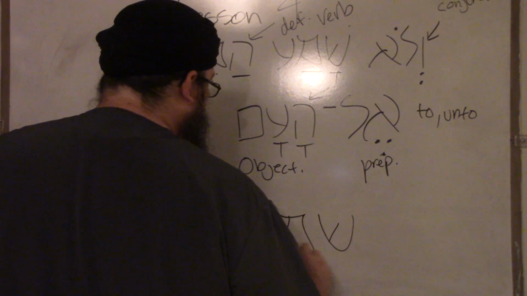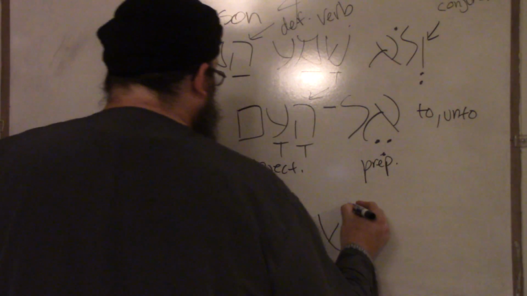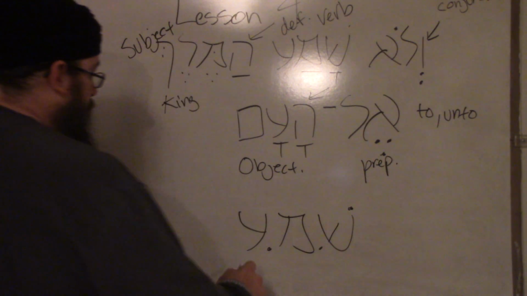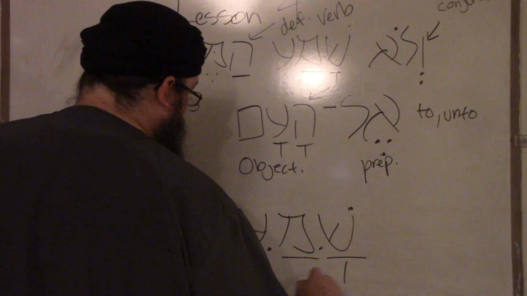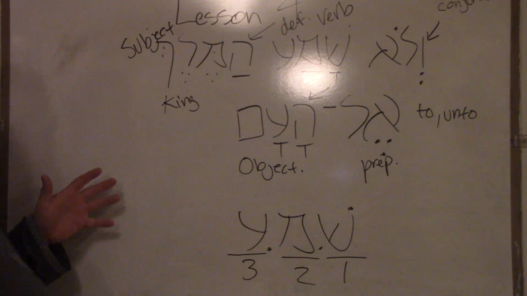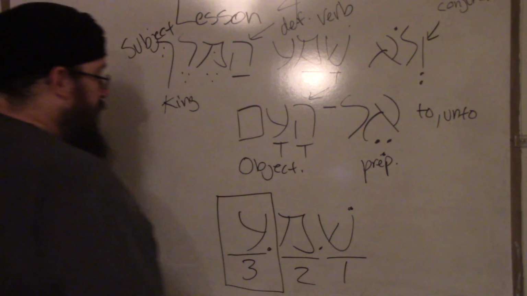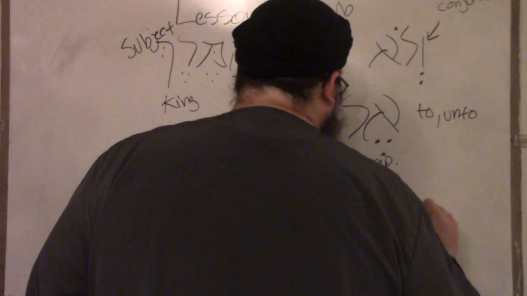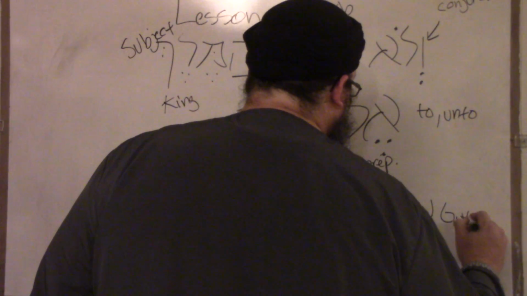If we look at our verb shema, which means to listen, okay? We have shin, mem, and ayin. Here we have in the third category, ayin is placed at the end. This means when I'm looking for the vowelization of this actual root, I have to use the vowelization that's called the ayin, or chet guttural, okay?